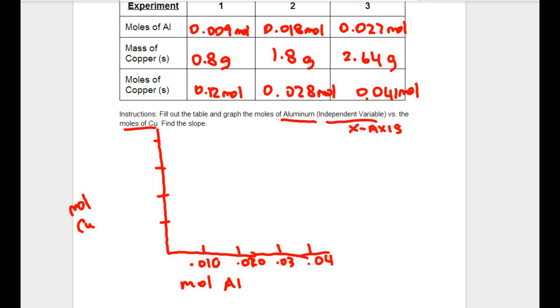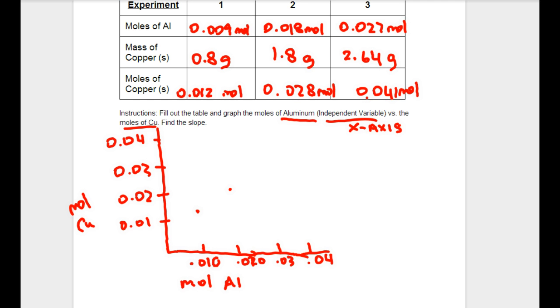And on the y-axis, with the moles of copper, we can think of this as 0, 0.01, 0.02, 0.03, and 0.04. So that should help us out in plotting this graph.